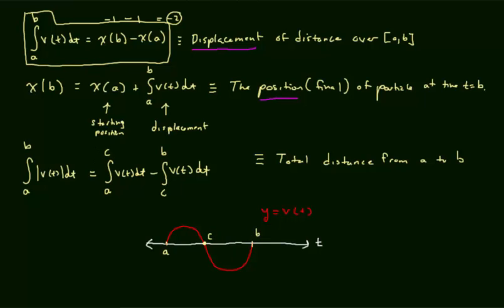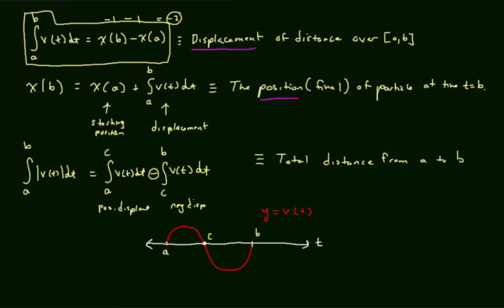So that's why I like to break up the integral that way, where we can call the integral from A to C our positive displacement, and the integral from C to B is our negative displacement. And if we then subtract the negative portion, it would make it positive.